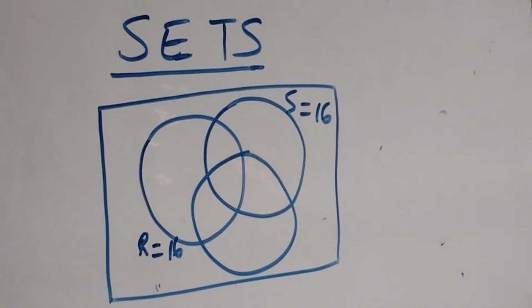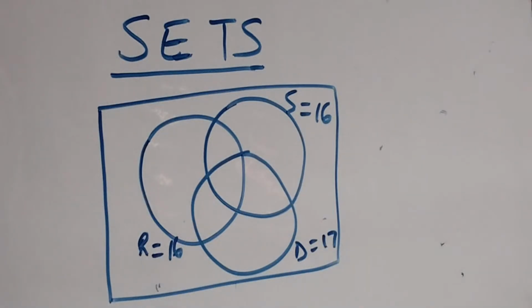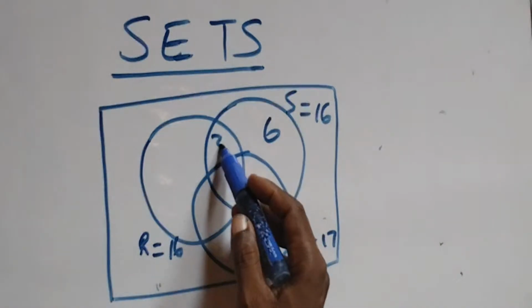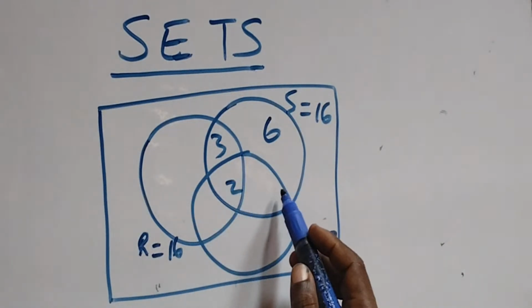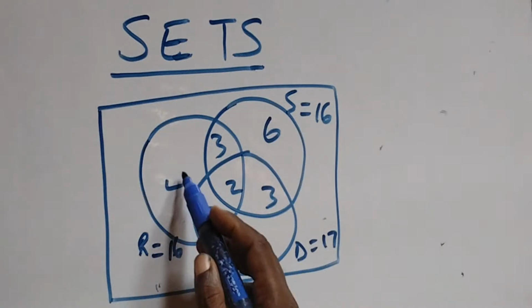And what is the third one? Dancing. We have dancing 17. And we have 6 here, 3 here, 2 here, 3 here, 7 here, 4 here.